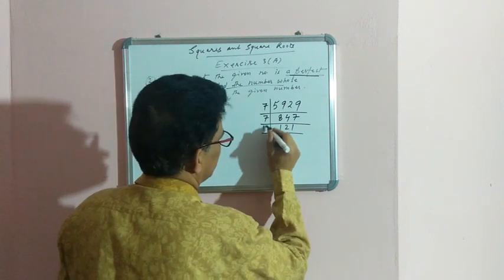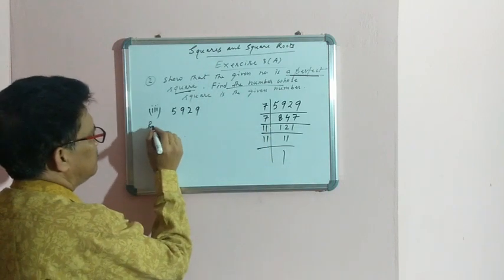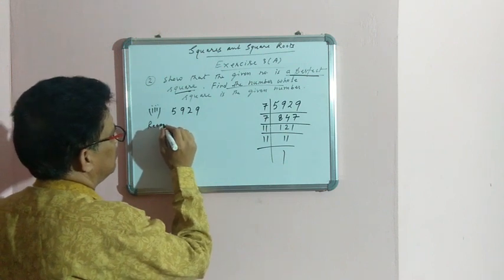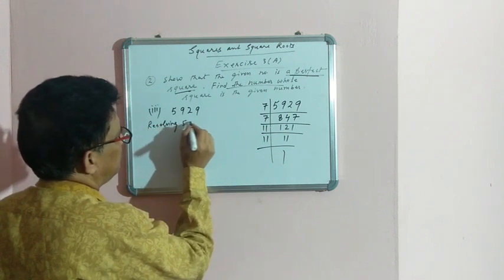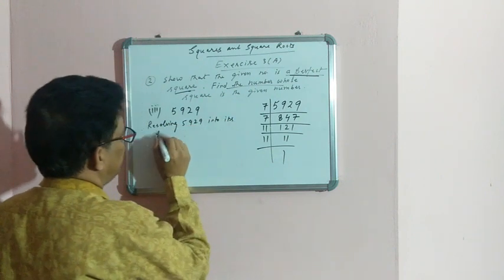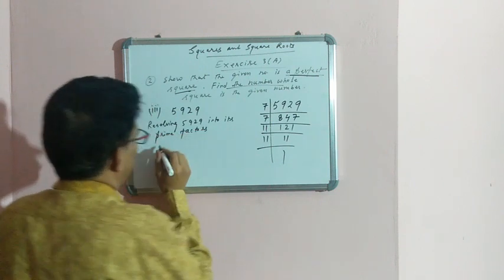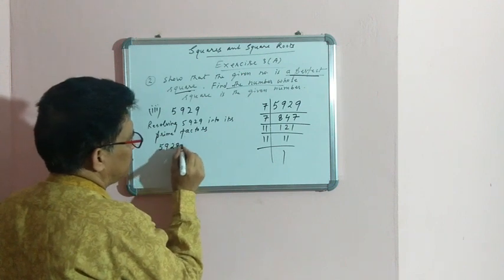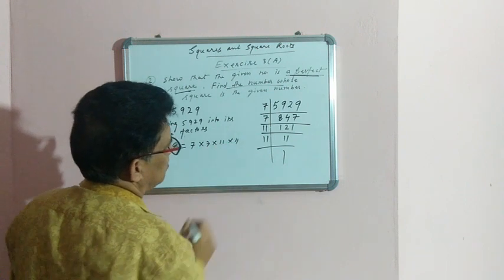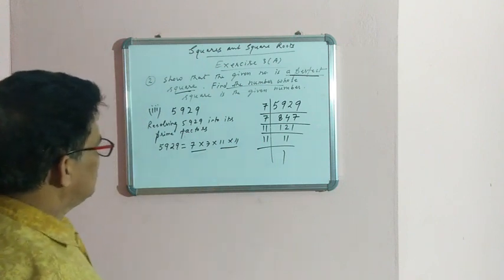So we can write, resolving 5929 into its prime factors: 5929 is equal to 7 into 7 into 11 into 11. This is clear.